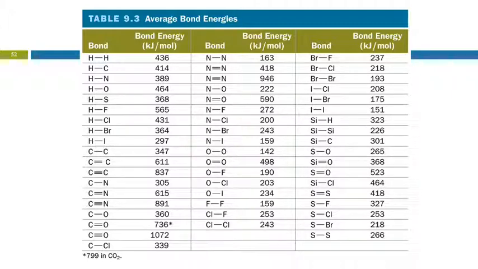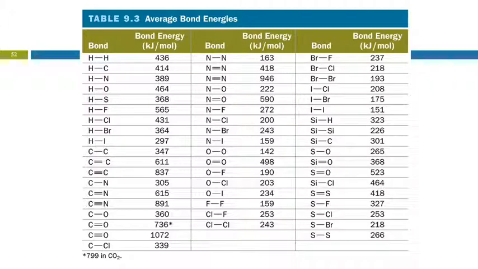And so we can look up the bond energies here. Let's look at some of these carbon-carbon bonds. So here's a carbon-carbon single bond, 347, carbon-carbon double bond, 611, not quite double, but close. Carbon-carbon triple bond is significantly larger again, 837.